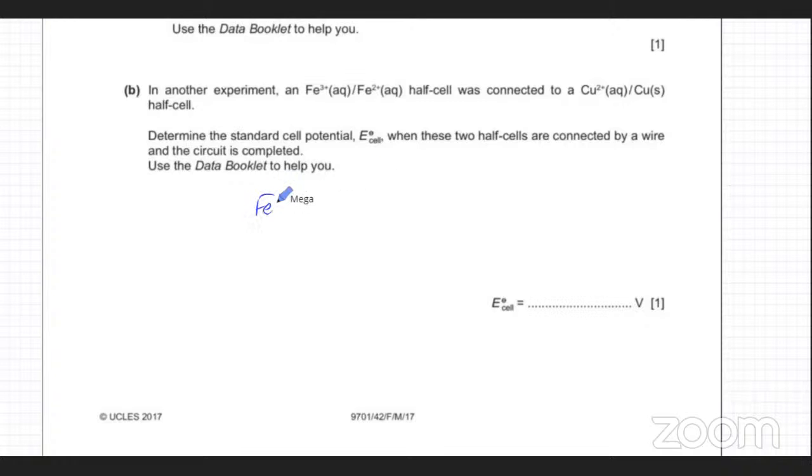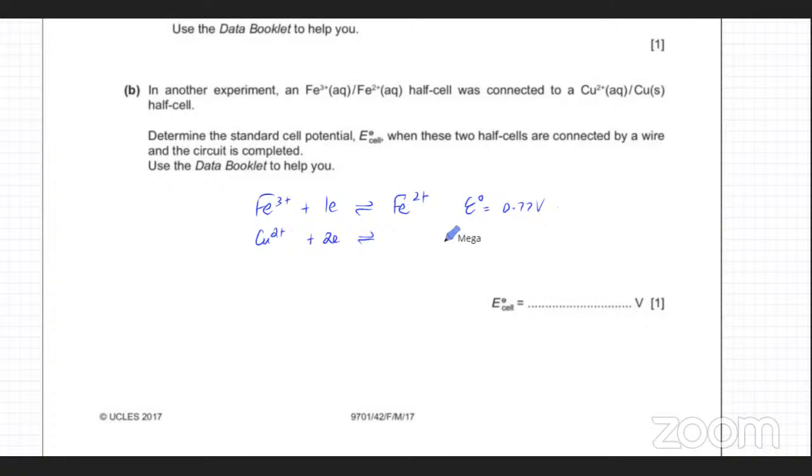You've got an Fe3+/Fe2+ electrode, and the value is 0.77 volts. Can you tell me what the other electrode value is, the copper 2+/copper electrode? It's this reaction: copper 2+ gaining 2 electrons in equilibrium with copper.